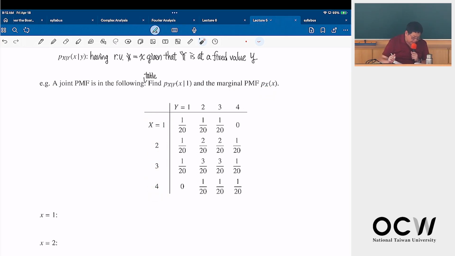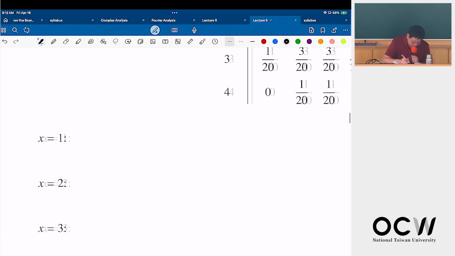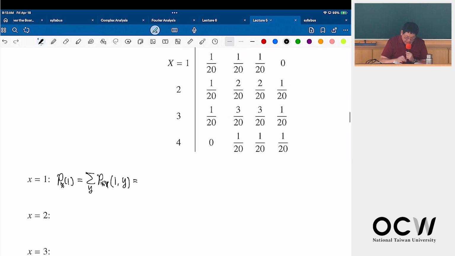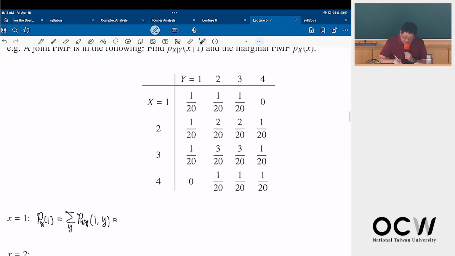So when x equals 1, that means I only see this part, the first row. Px of 1, that's the summation over y. That means I don't need y, so I have 1 and y. So what does that mean, 1 and y? With different y, my x is fixed to 1.